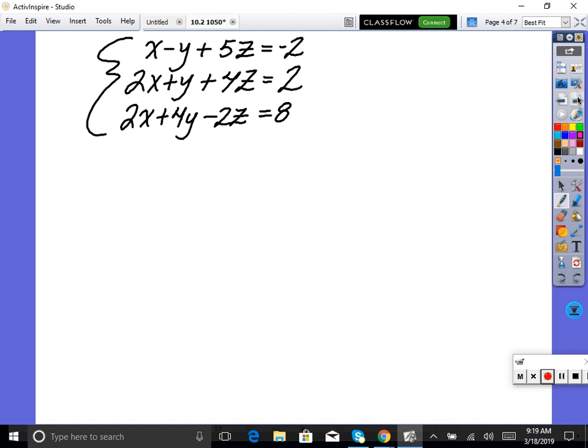Okay. So we have these three equations. We're going to choose a variable to eliminate. In my opinion, I'm almost feeling like either x or y. So I heard a lot of people say y. So, I mean, the first part I think we probably get pretty well.